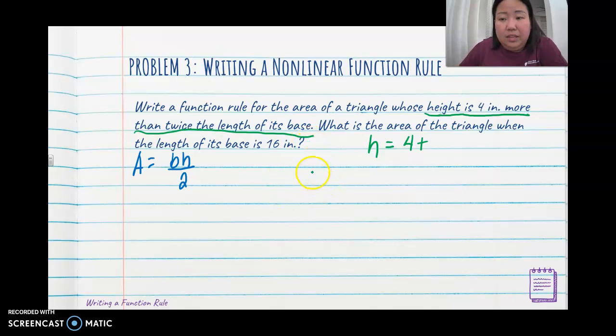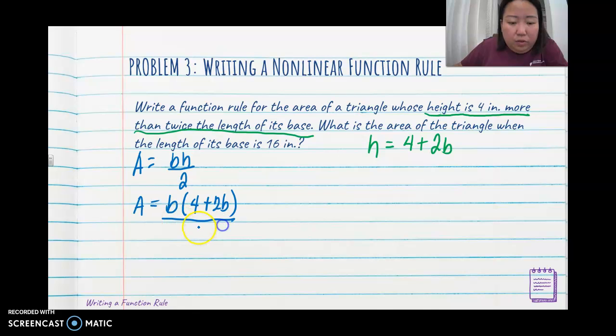Twice the length means 2 times the base. So our h could be represented by 4 plus 2b. Okay, so if we plug the value of h into the formula, the area of the triangle is going to be b times the h, which will now be substituted by 4 plus 2b, and then over 2.